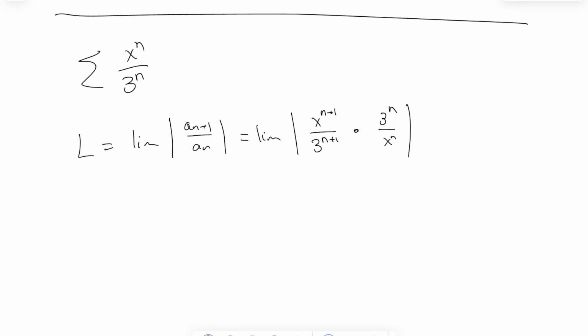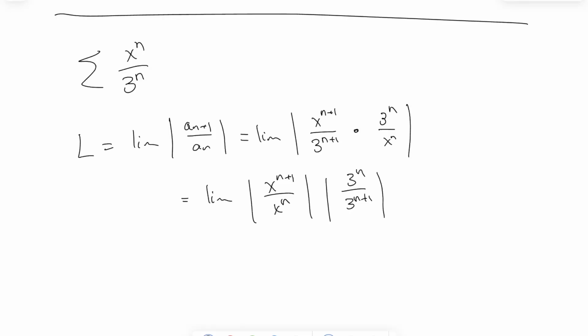I would rewrite this to group things together with their friends. I put the x's together. I put the 3's together. And then we can cancel as much as we can in each of these. In the first one, when we cancel, we just get x left over, since on top there's one extra x.